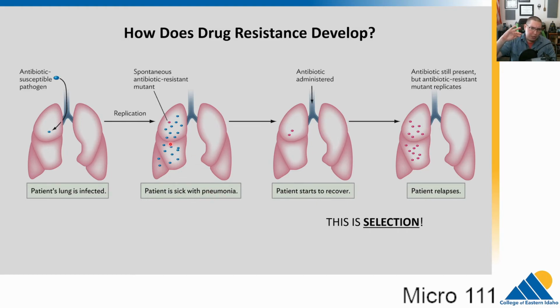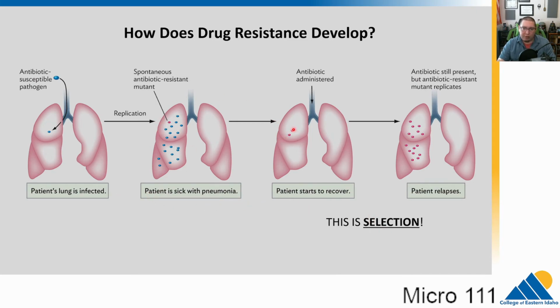Some sort of spontaneous mutation might occur, and now one of these cells or one group is resistant to an antibiotic. We apply the antibiotic, and the patient recovers, but these resistant bacteria start to grow and multiply, and the patient will relapse back into disease. This is because selection has occurred.